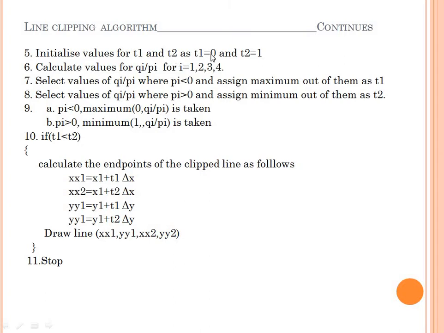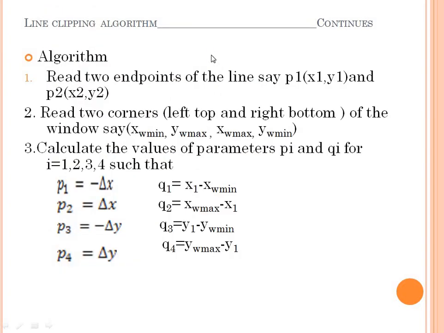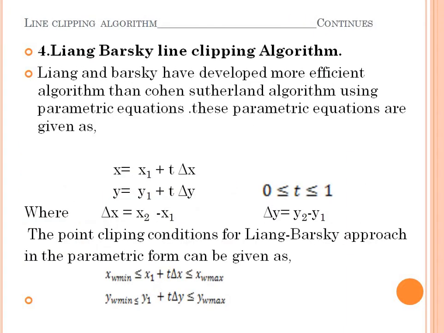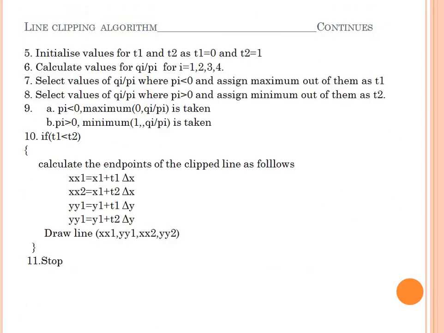We know that the t value ranges from 0 to 1, that is t1 is equal to 0 and t2 is equal to 1. We are calculating these t1 and t2 values. t1 is equal to 0 for the first point and t2 is equal to 1 for the last point. Calculate the values of q_i and p_i for i equal to 1, 2, 3, 4.